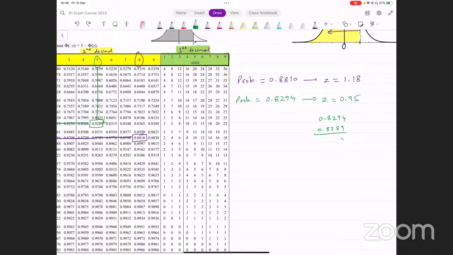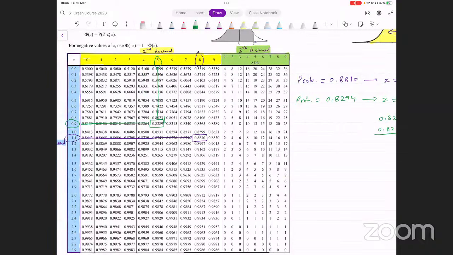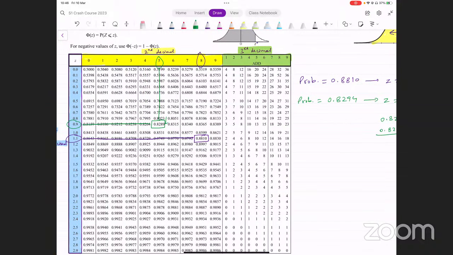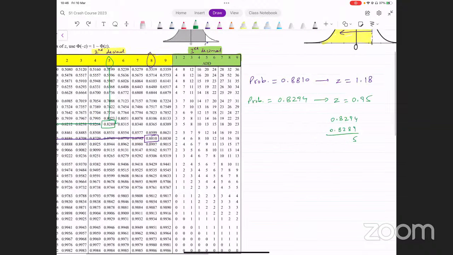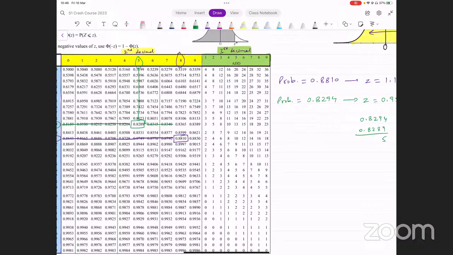We need 5 more at the end. Remember, the third decimal place for z used to give us a value that we have to add to the probability. This is the value that we need to add, 5. So what we do now is go in this row on the right side and see where 5 is.